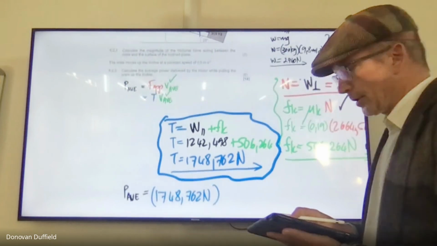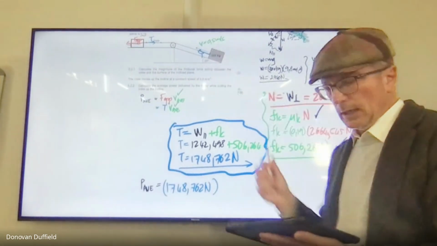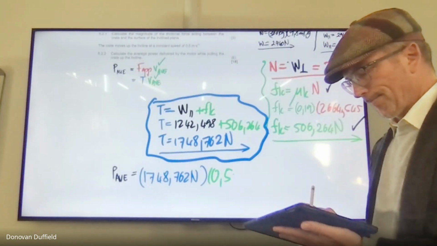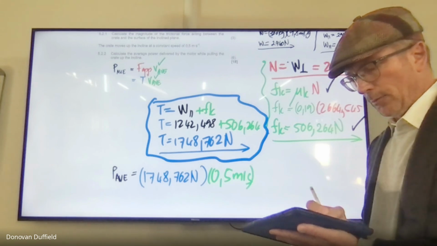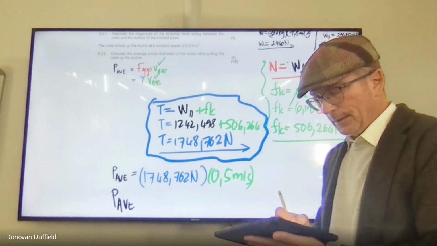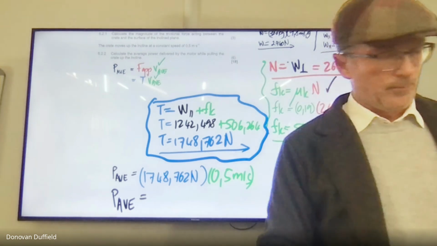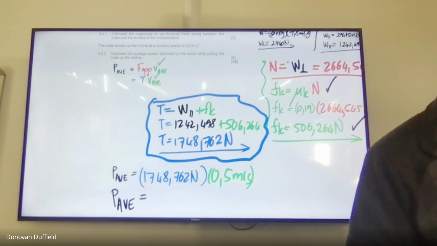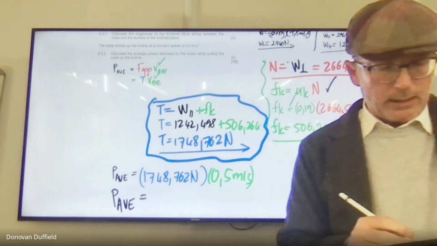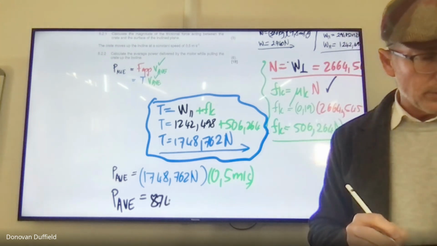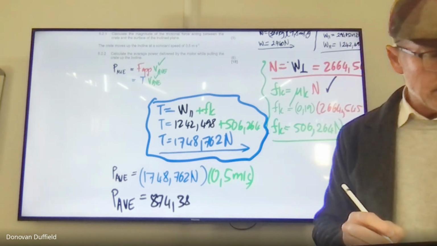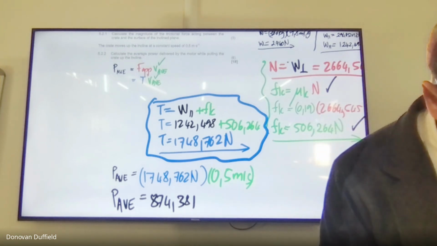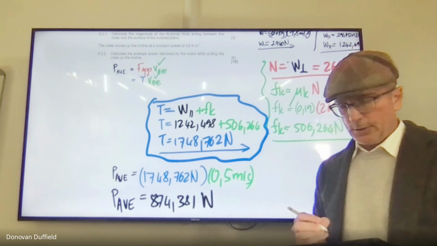And the average velocity we know is the speed, 5 meters per second. And remember, power is not a vector, so we don't have to worry about directions. Multiplying this by 0.5, we get that the average power is 874,381 watts.